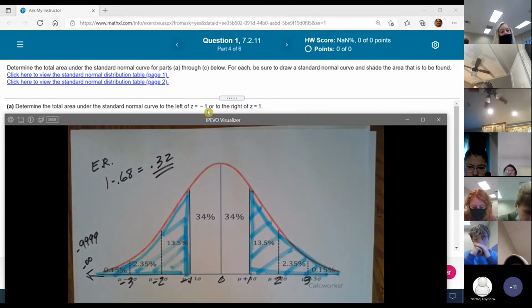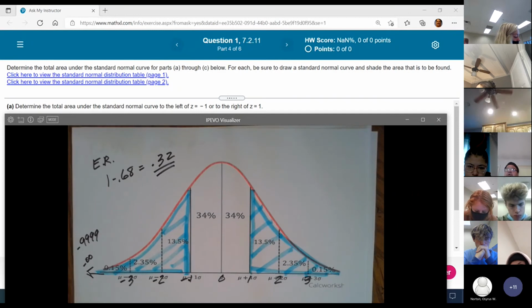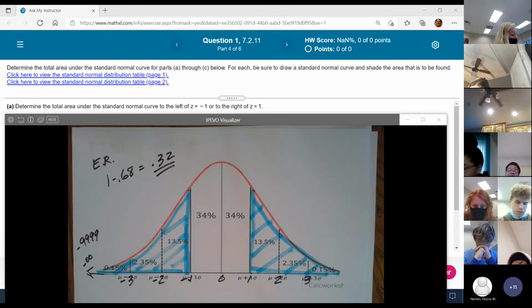Somebody tell me why I can multiply it by 2. Because they are what? Starts with an S. Symmetric. Thank you, symmetrical. So we can multiply it by 2.